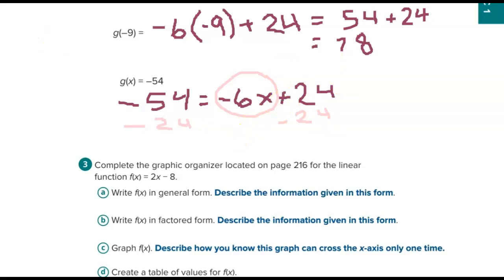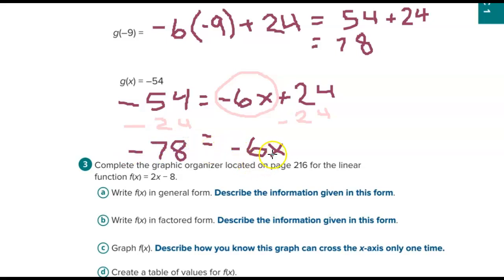So this leaves us with just negative 6x on the right-hand side of the equal sign, and then negative 54 plus negative 24 is negative 78.